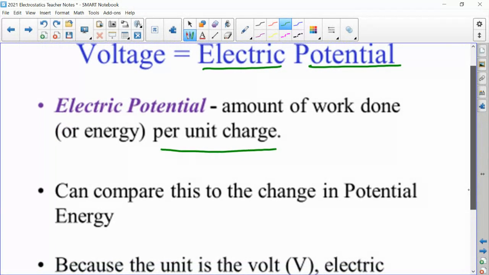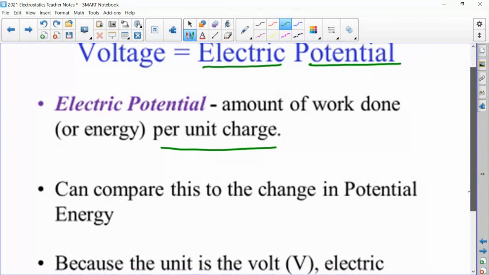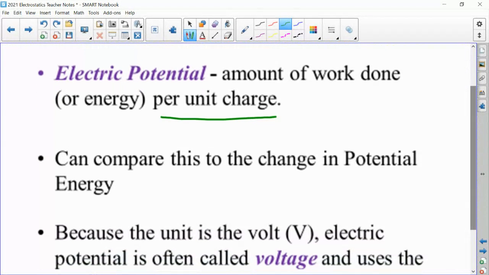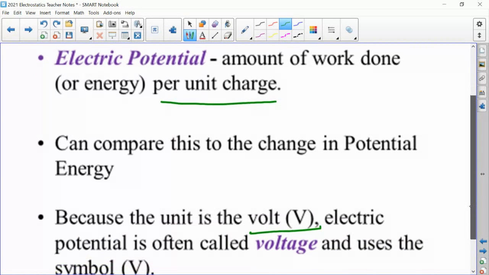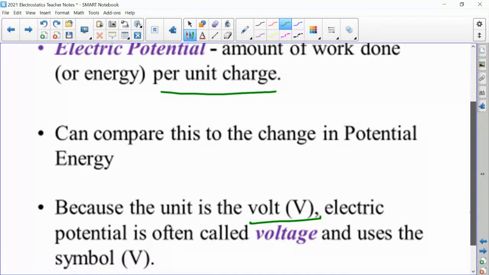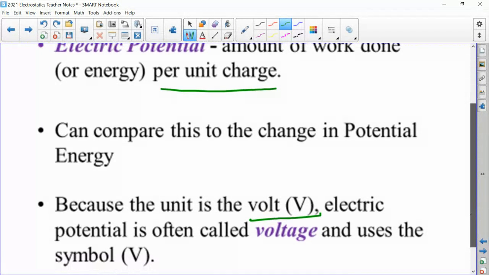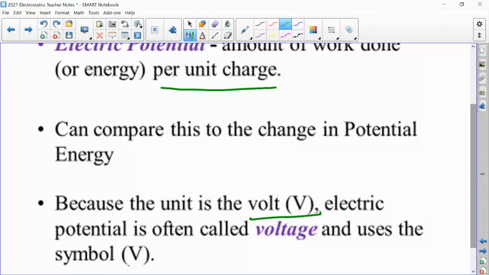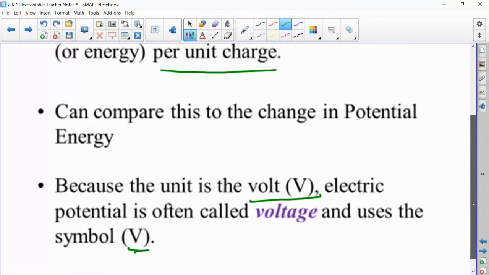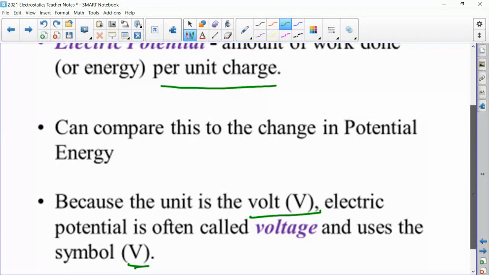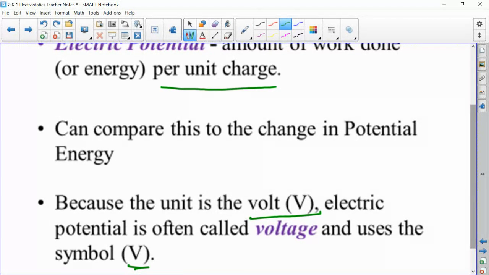Something that has a great potential is going to have a large change in potential energy. The unit for this potential is known as the volt. And so a lot of times we call electric potential the voltage, and the symbol it uses is of course V. Y'all have seen voltages when we talk about batteries and things like that. And we'll talk more about voltage when we get into our next unit of electric circuits.